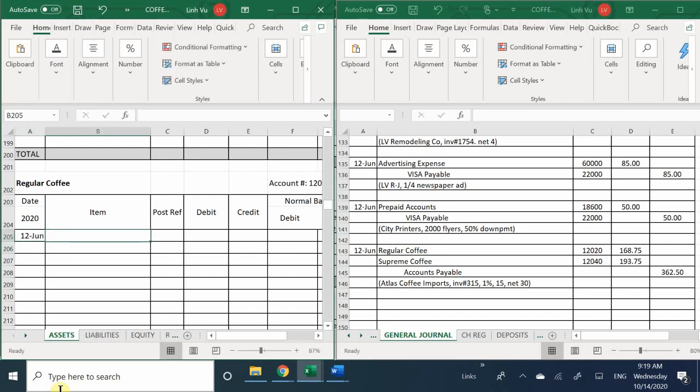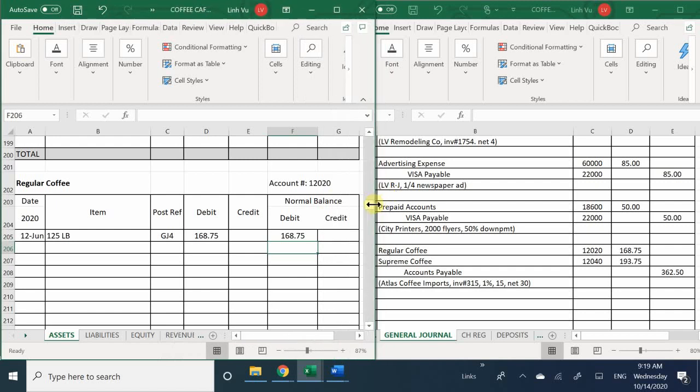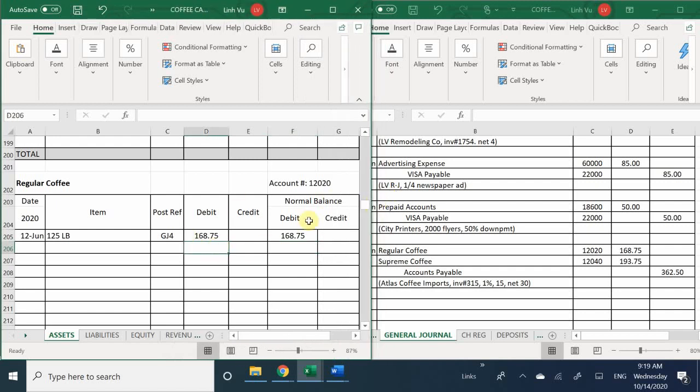In my items here, I'm going to note that I have 125 pounds of coffee. Okay. Post reference is going to be my general journal number 4. And my debit account is going to be for 168.75. So this is going to be my beginning balance in my normal. That's my beginning, my actual amount that I start with. Okay.